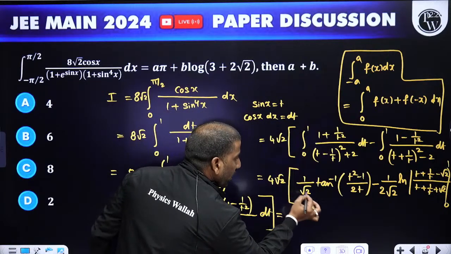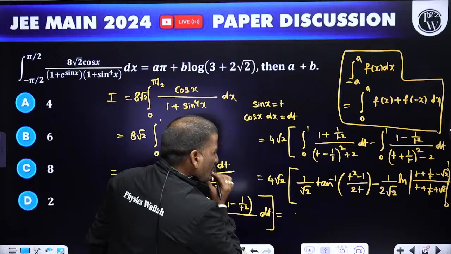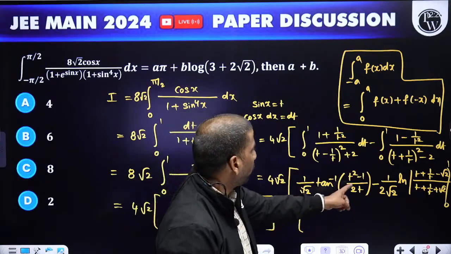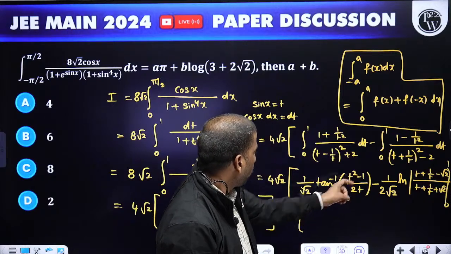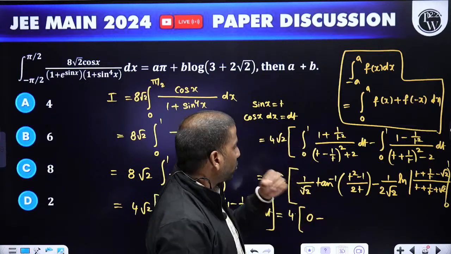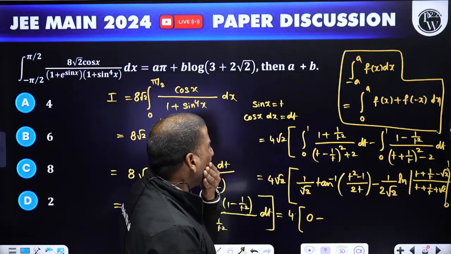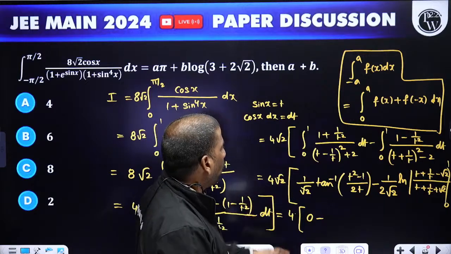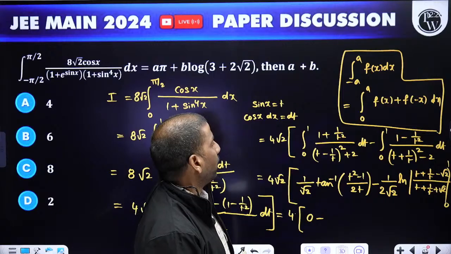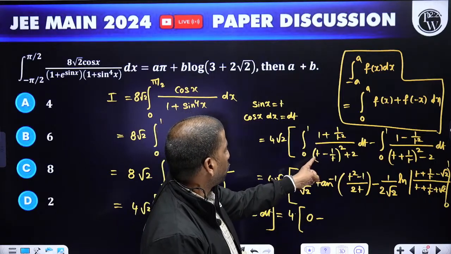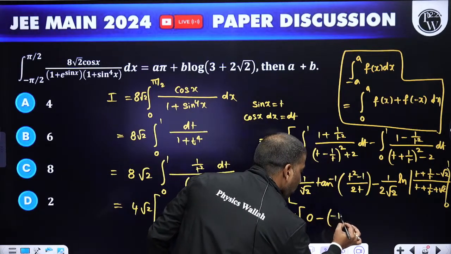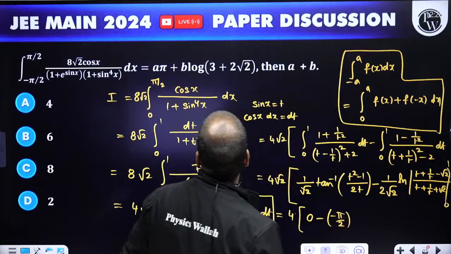Root 2 will get cancelled, 4 will be outside. Once observe the first one. When we apply 1, this will become 0, minus, if you apply 0, that will become minus infinity, because if you substitute 1, 1 minus 1 is 0, and if you substitute 0, minus infinity. So minus pi by 2, minus pi by 2.